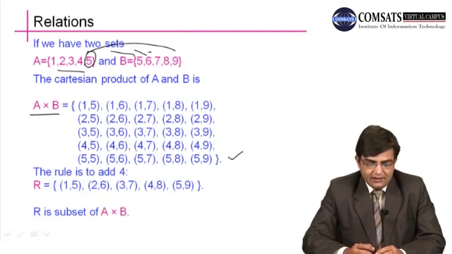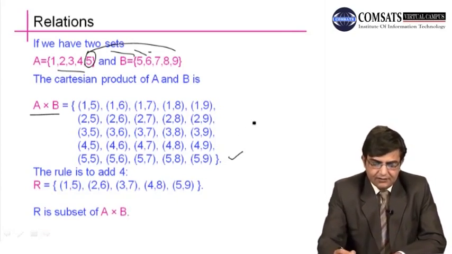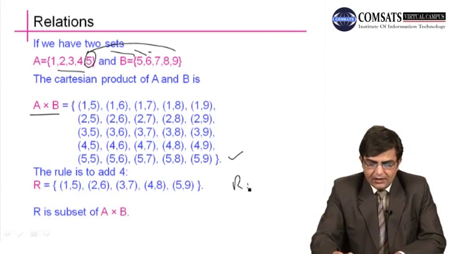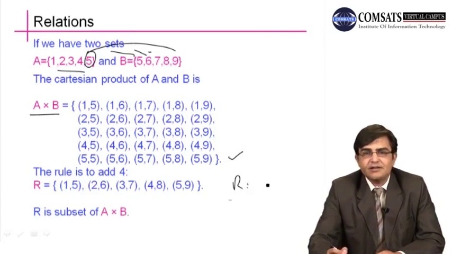So this is the complete Cartesian product of A and B. Now we define a relation R. R is the relation from A to B, and R is basically the rule which adds 4 to the first element and we obtain the second element.